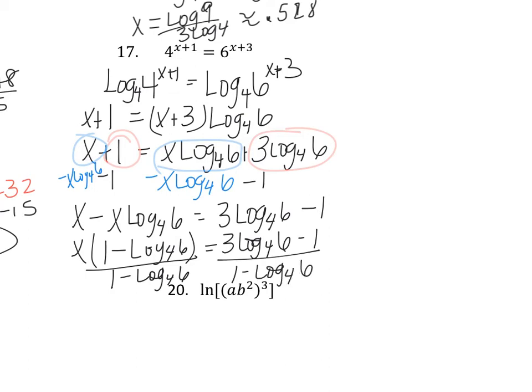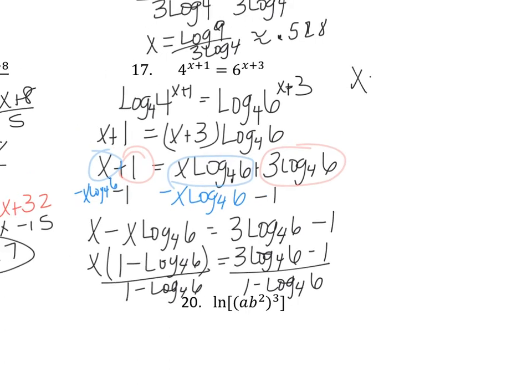Now this one might be a little bit more cumbersome to plug in your calculator if you don't have the cheater key. So x equals (3 log base 4 of 6 minus 1) over (1 minus log base 4 of 6).